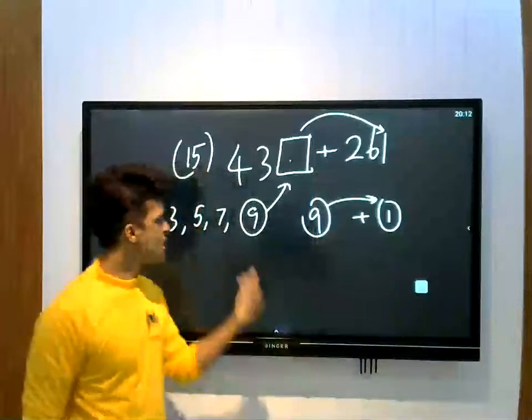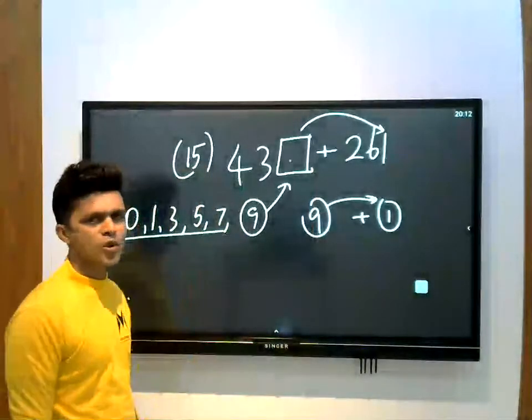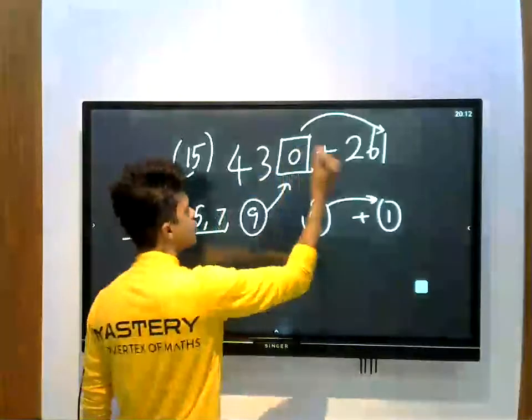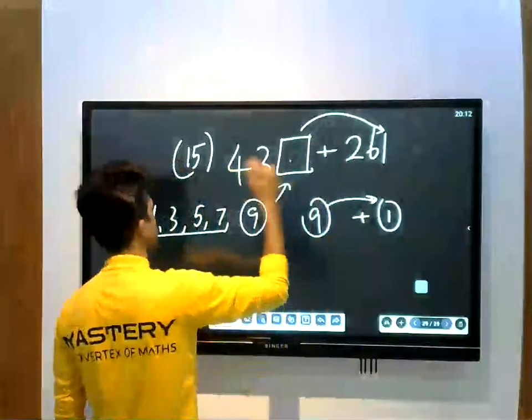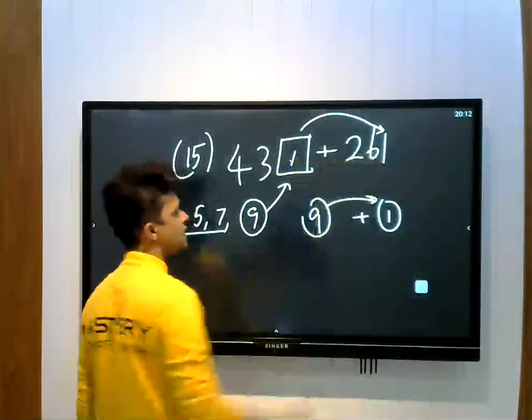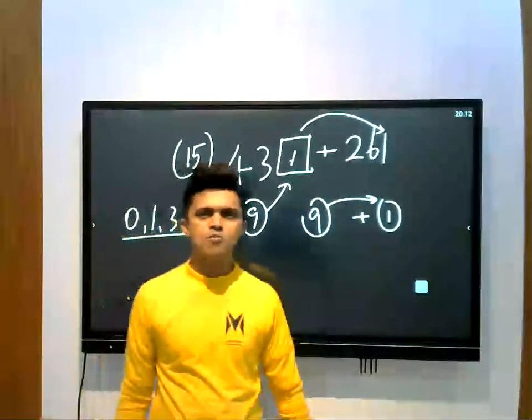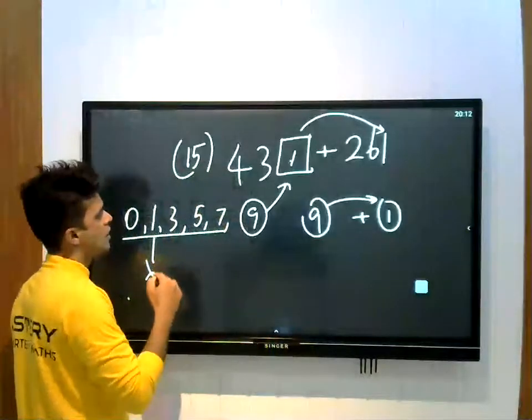The other digits can be written here. When you write 0 here, then 0 plus 1 is 1. Are we able to write 1? 1 plus 1 is 2. We can't write this one as well. This is wrong.